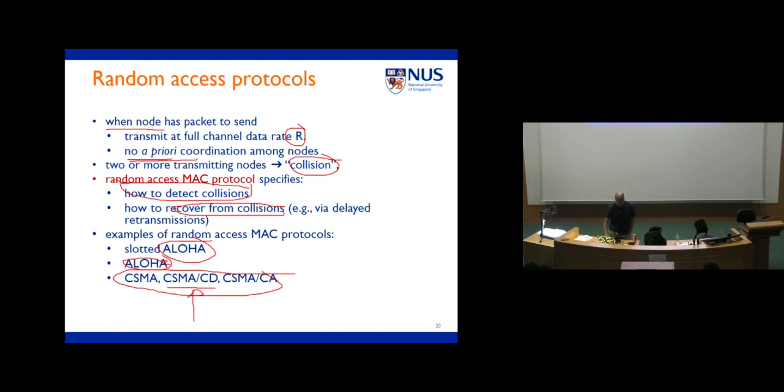Then another version of Carrier Sense Multiple Access has CA instead of CD. CA is for collision avoidance, and this is what is used in wireless networks such as Wi-Fi. So CSMA/CA is Wi-Fi, CSMA/CD is Ethernet. Okay? So we'll look at these things today.